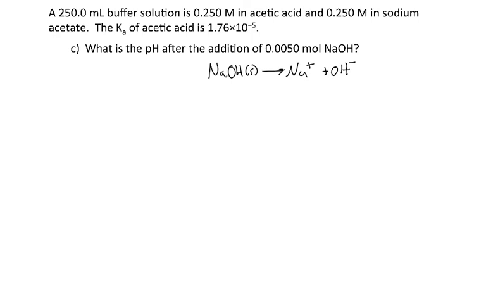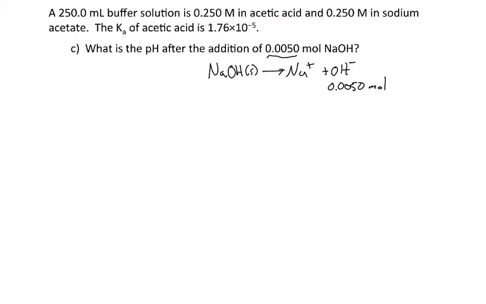And so because it completely dissociates, if I started with 0.0050 moles of sodium hydroxide, I'm adding 0.0050 moles of hydroxide. Now when we added the HCl, that reacted with the weak base component of the buffer. Now when I'm adding strong base to my buffer, it's going to react with the acid.